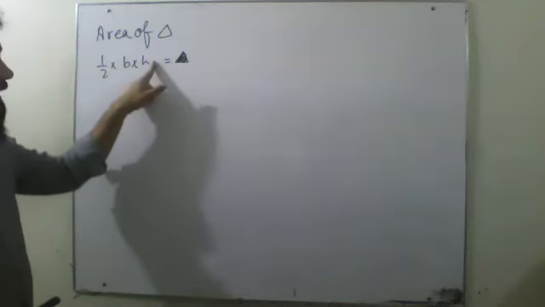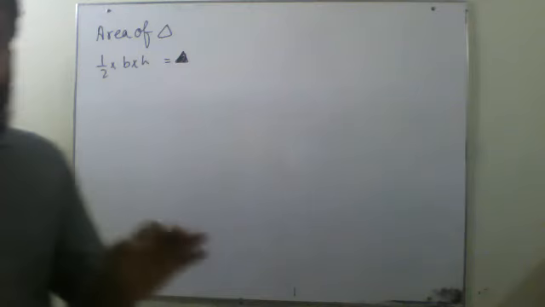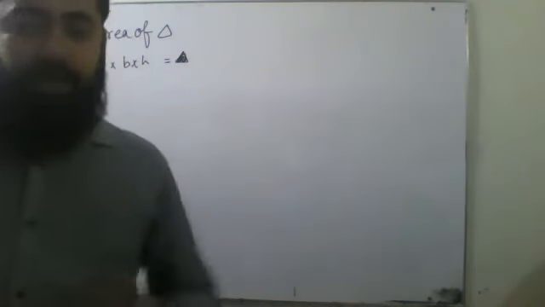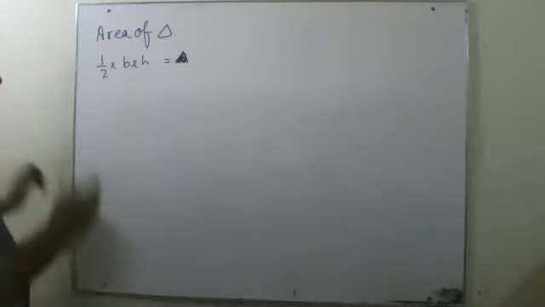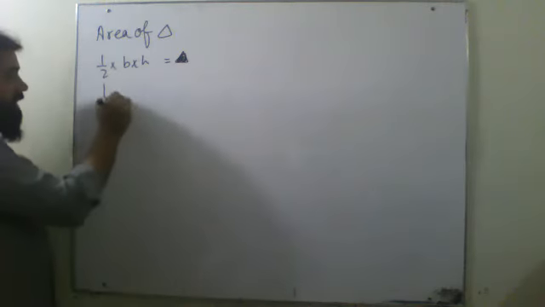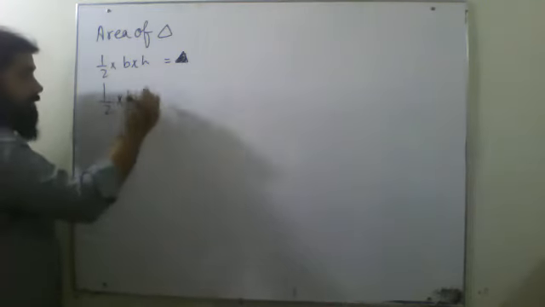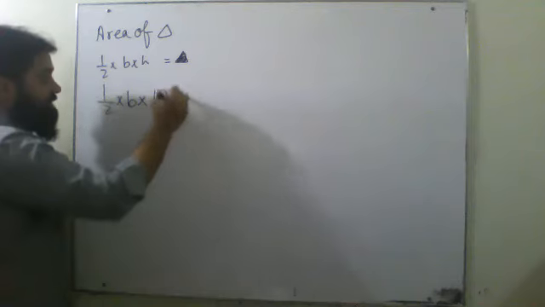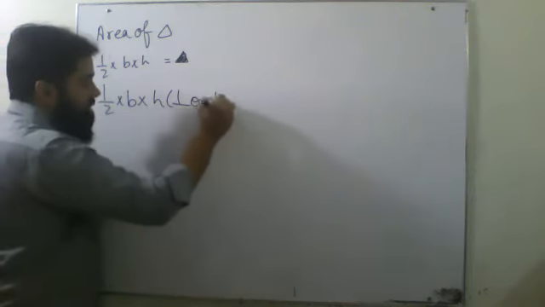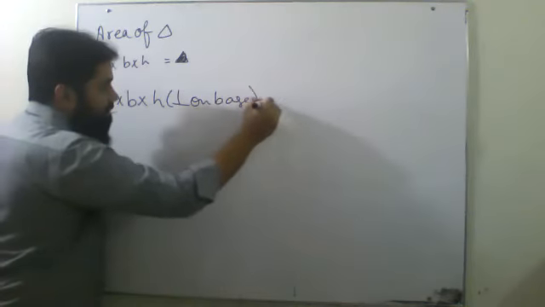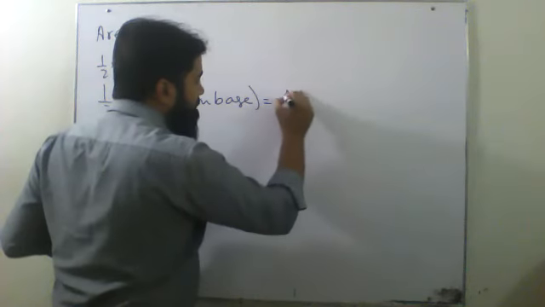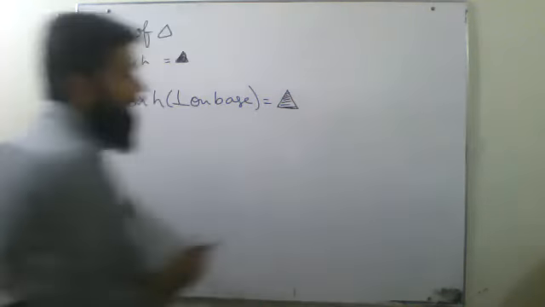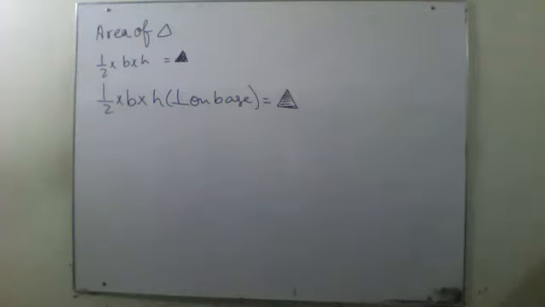When we say height, it should be the perpendicular height, not any other height. Basically, half into base into height, where the height is perpendicular to the base. That kind of height will be used to find the area of a triangle.